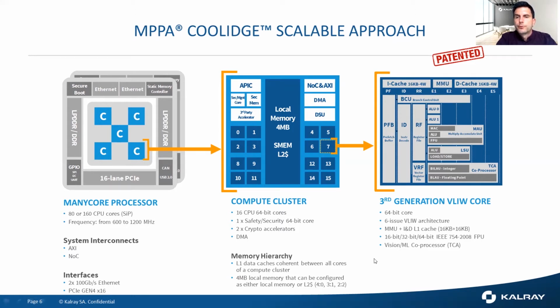Each core comes with its coprocessor for machine learning and vision, which we call TCA, for tightly coupled accelerator. It's a DMA-based architecture, which means that even though all the cores can access the DDR, and the full memory map is visible from each core, to achieve high performance it's better to transfer the data through DMA to local memory before processing it.